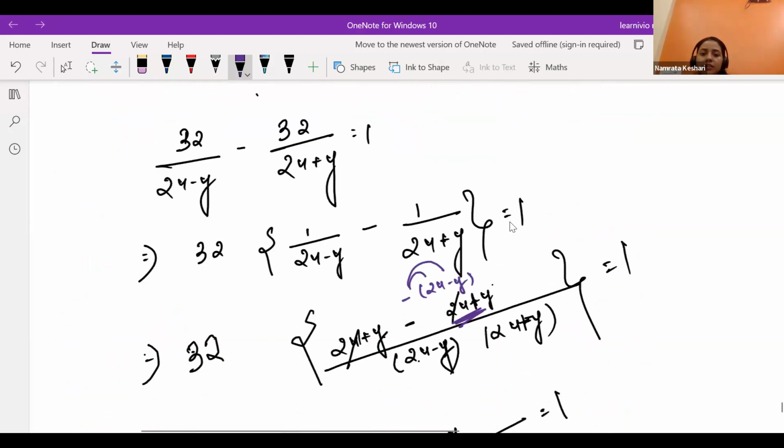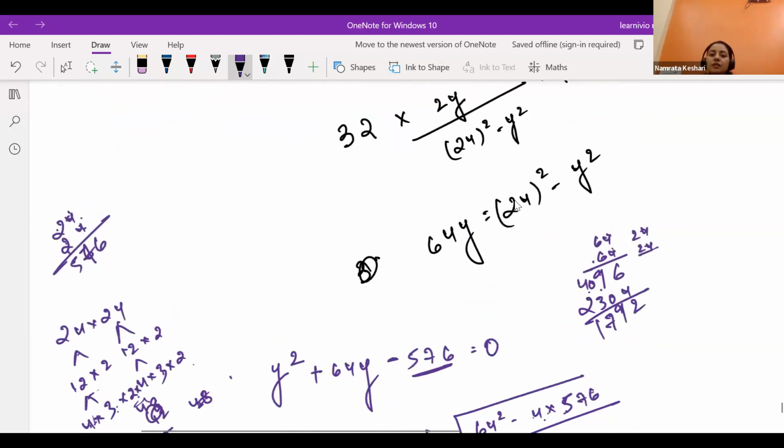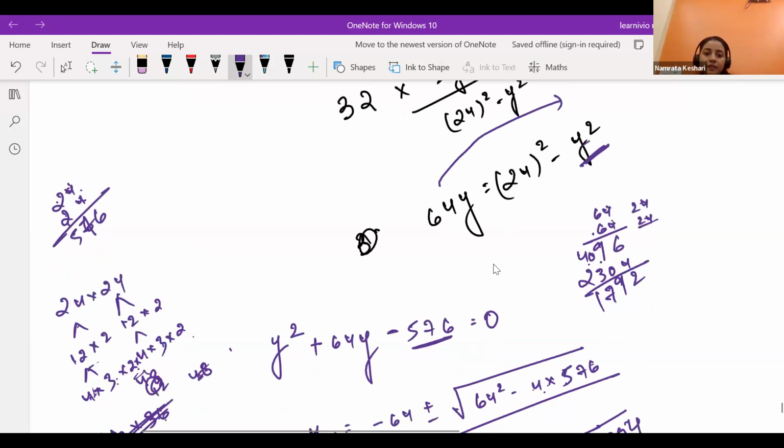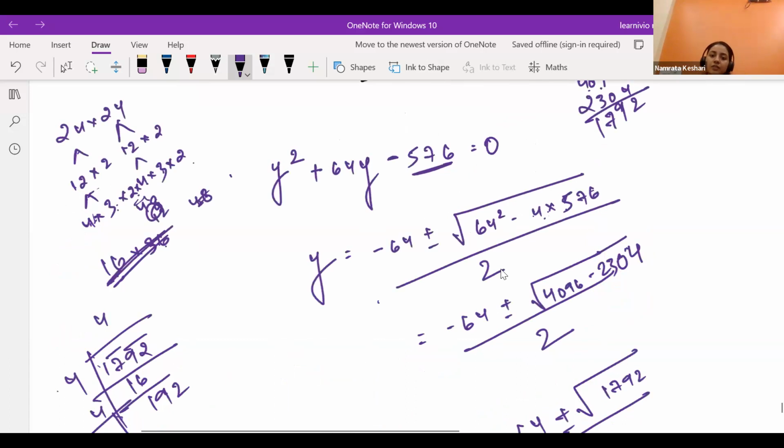Why will it be y square? If you have taken the 64y to the other side, this y square was negative over there, right? Actually it has to be added up. I'm subtracting because c is negative.